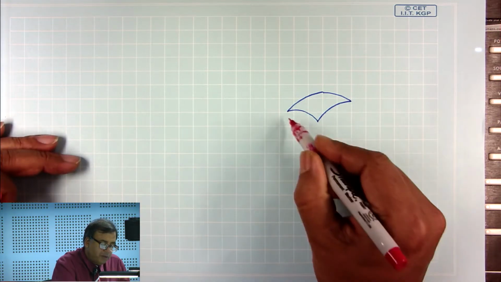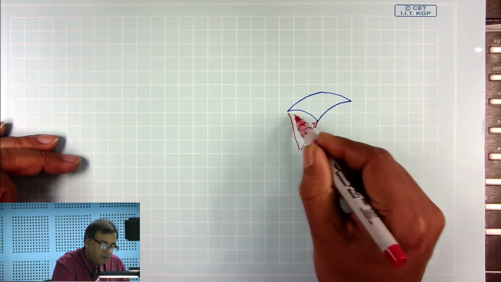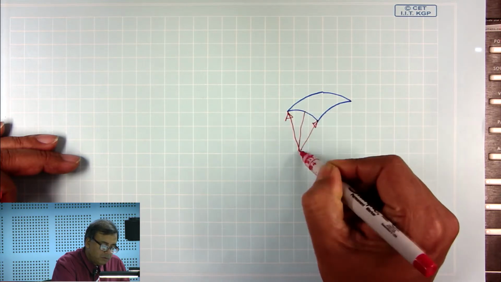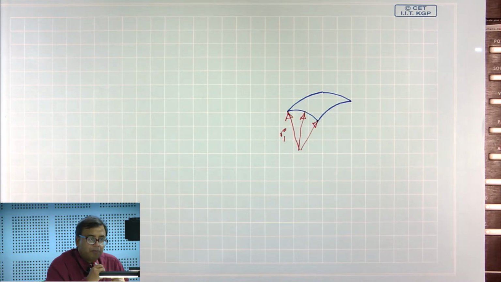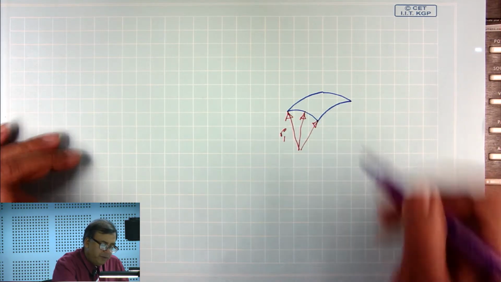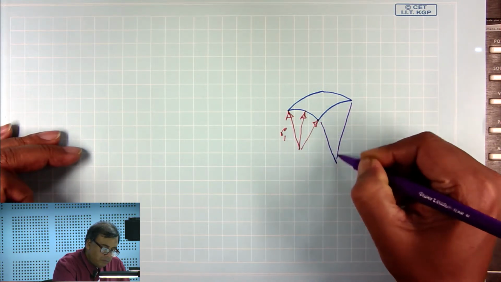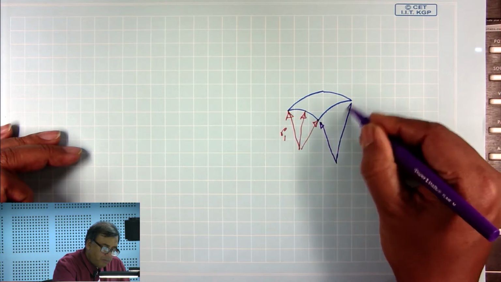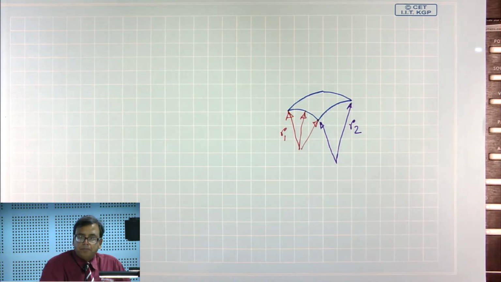So, when I look at this surface, it has a radius of curvature, let us say R1. Versus when I look at this surface over here, it will have a different radius of curvature R2.